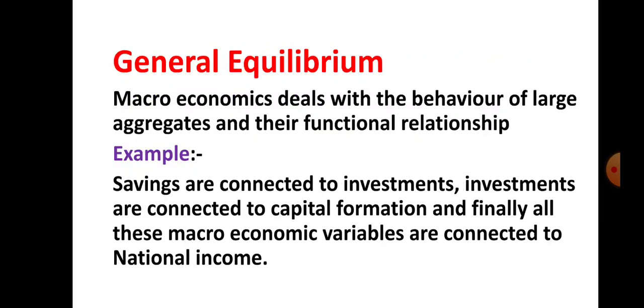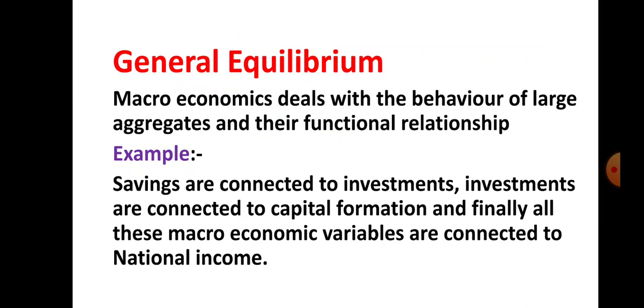Now let us see the next feature. Here I selected a feature of macroeconomics, that is general equilibrium analysis. What is general equilibrium analysis? Macroeconomics deals with the behavior of large aggregates and their functional relationship. So in macroeconomics, the primary step is that everything depends on everything else. That is a primary assumption in macroeconomics. Now let us see general equilibrium analysis with the help of an example.